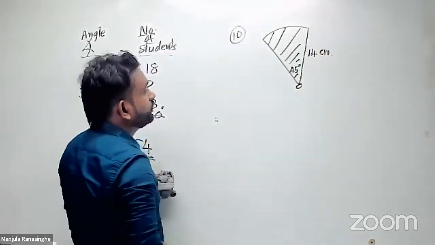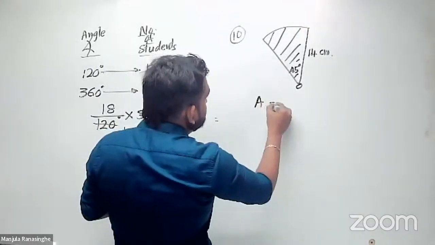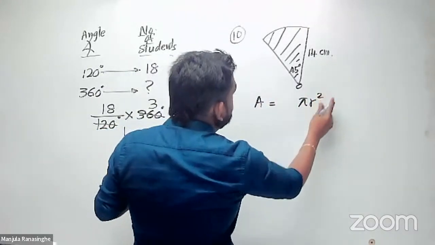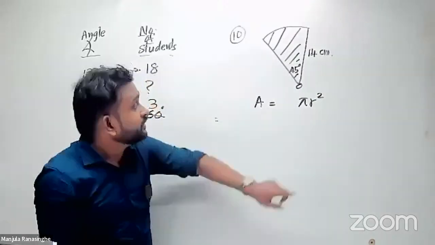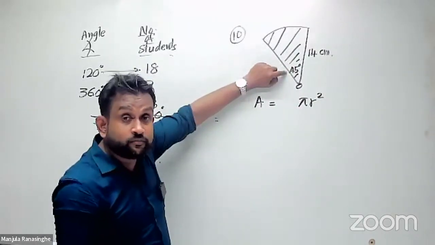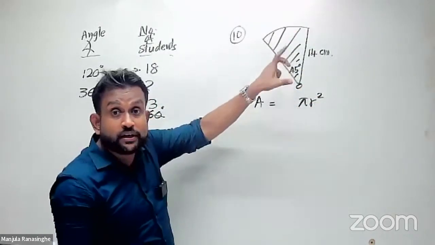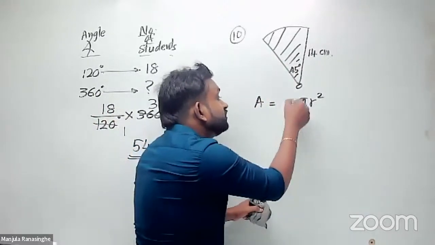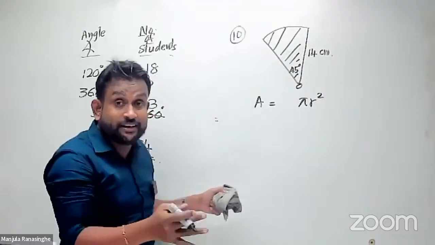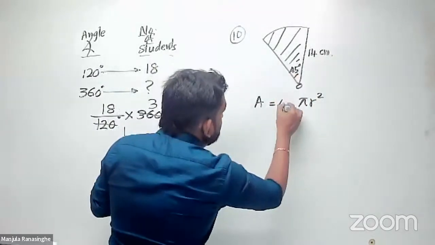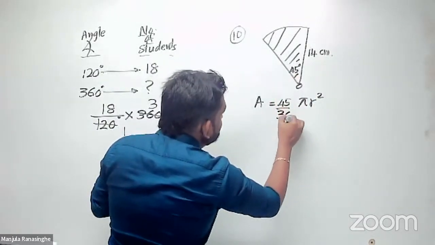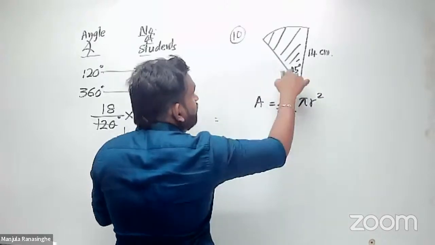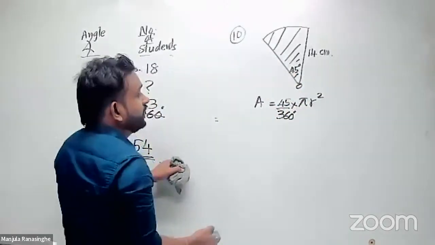The radius is 14 with center O. The area of a full circle is given by the general formula πr squared. Then for 45 degrees, what portion of the full circle is it? Remember that it is 1/8, so directly you can apply 1/8 πr squared. If you forget that, you can say 45 upon 360, that is 45 over 360 into πr squared.